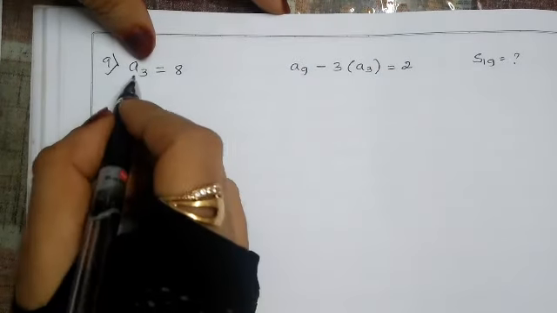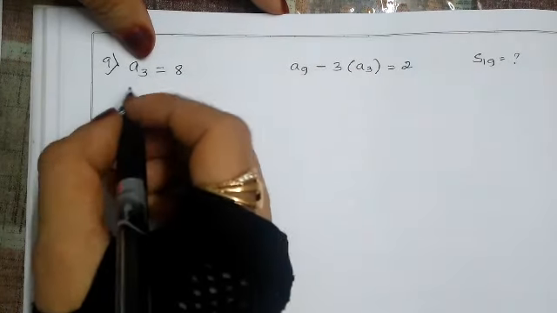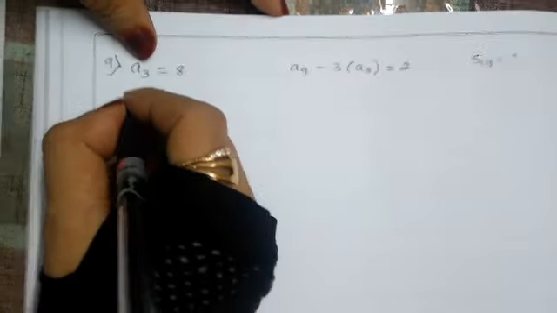We know that A3 is equal to 8. A3 is nothing but a plus 2d equals 8. Let us consider this as equation 1. Now, A9 let us write as it is minus 3 into A3. Already they have given A3 is 8. In place of A3 let us write 8, equals 2.